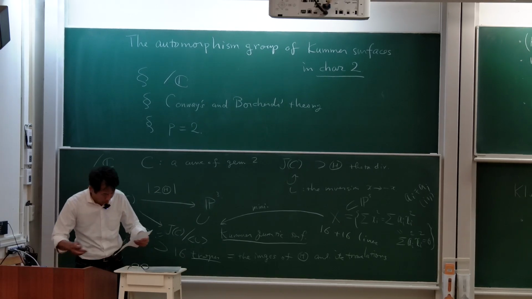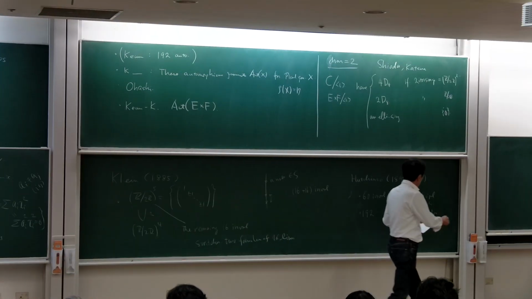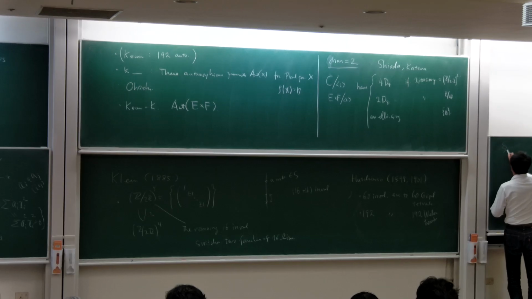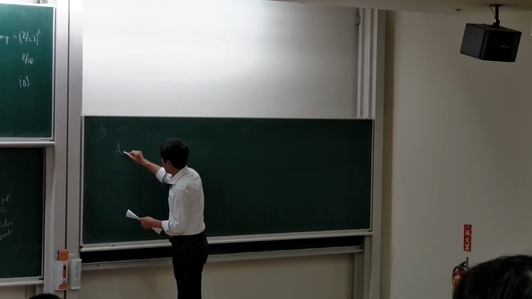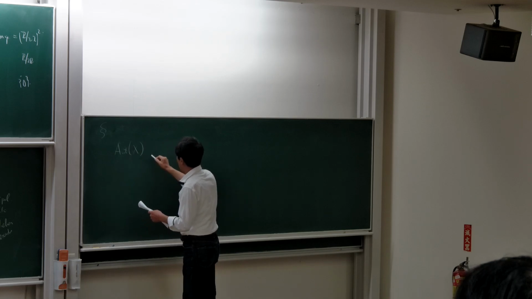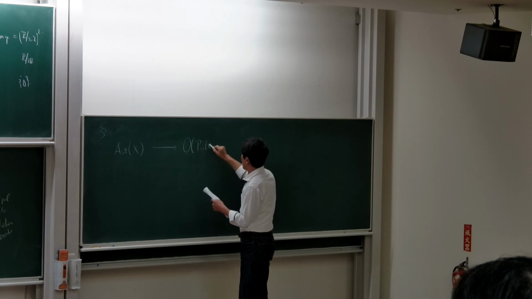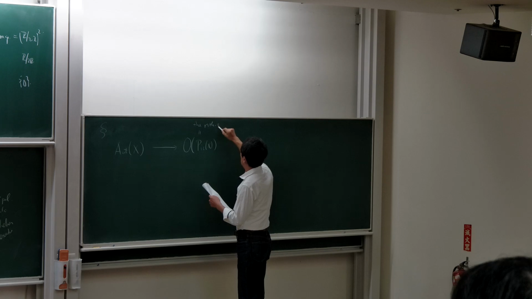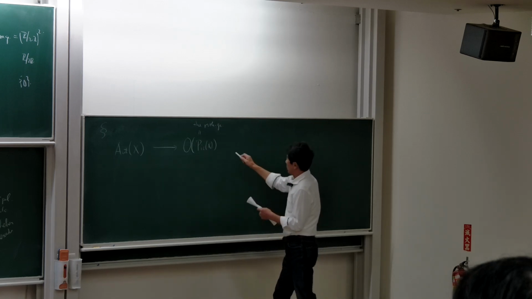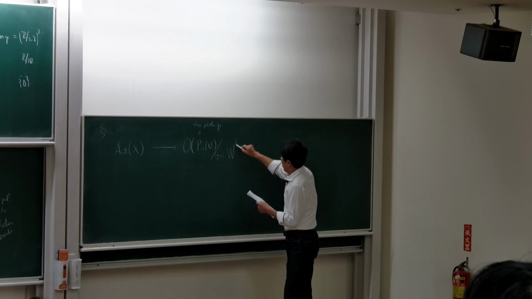And now I come to the lattice theory. Next section. So anyway, our automorphism group, we have a natural map. This is the Picard lattice, and this is the orthogonal group. And this is divided by plus minus 1, and the Weyl group or reflection group.